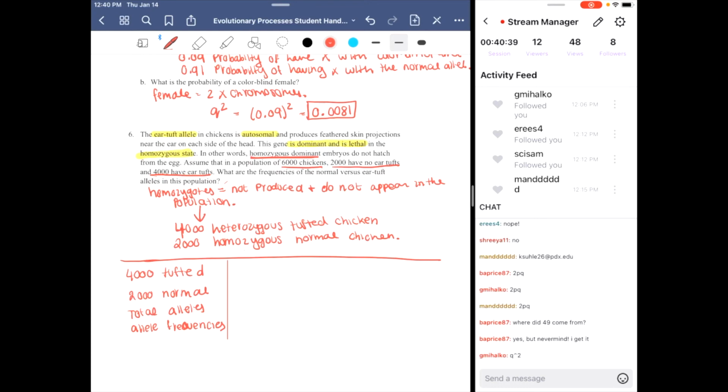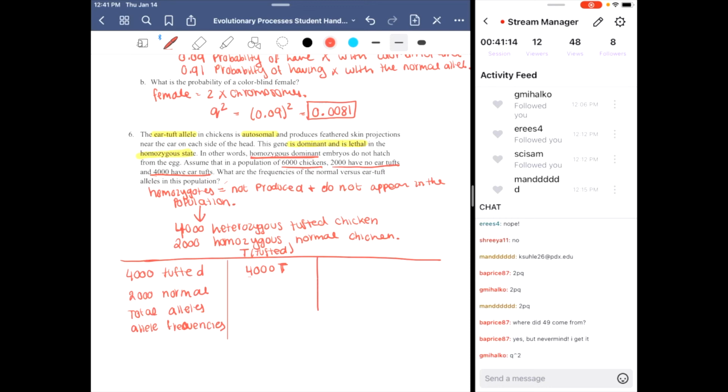For the tufted one, we have 4,000 tufted, which is given to us in the information above, and it's only going to have one of that, because if another one of that is present, we know the egg is going to be terminated. So there's only one 4,000 that we list here.